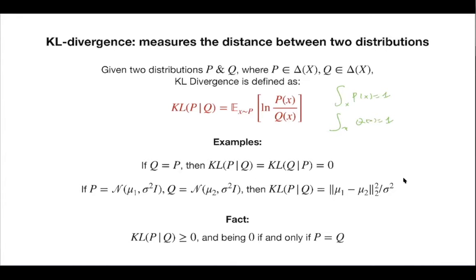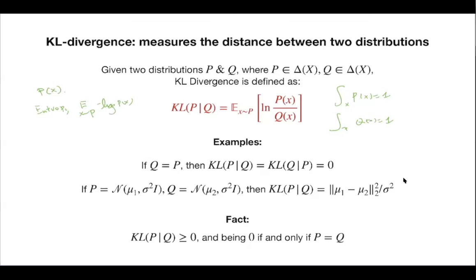Totally. So this is related to the information theoretical quantity called entropy. Okay. Right. So maybe we just spend 1 minute talking about entropy. If I have a distribution P, entropy is defined as the expectation over x from P of negative log of P(x).